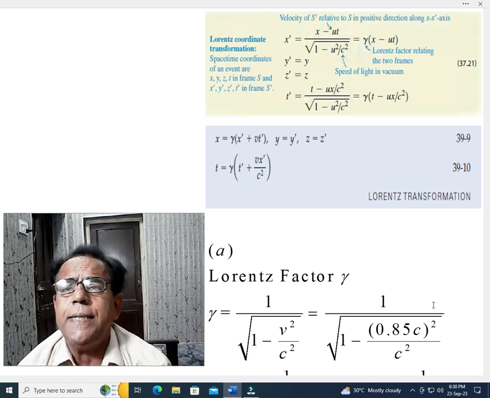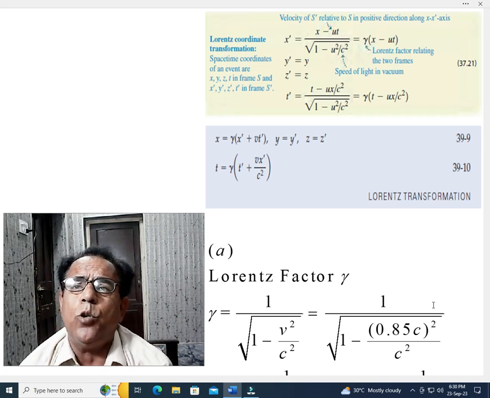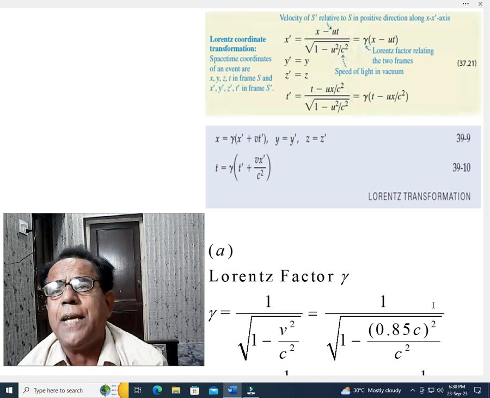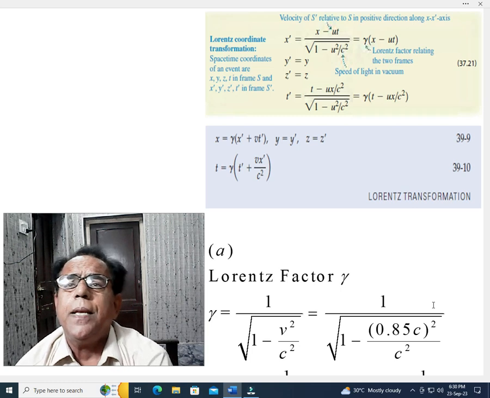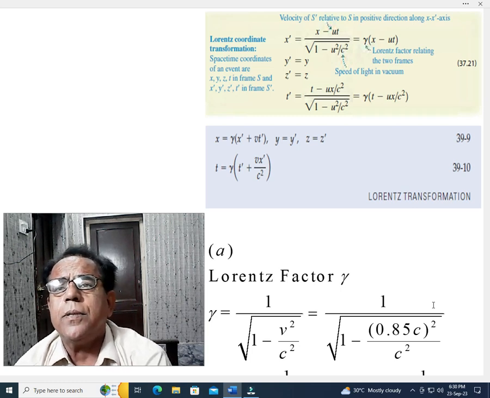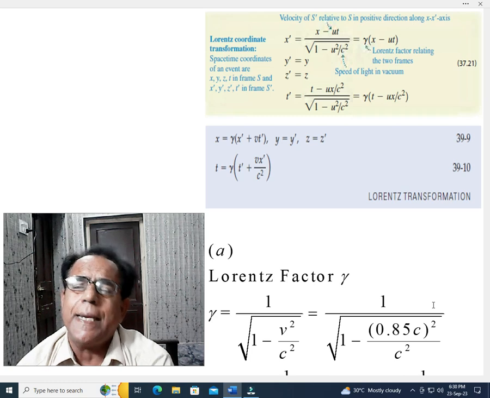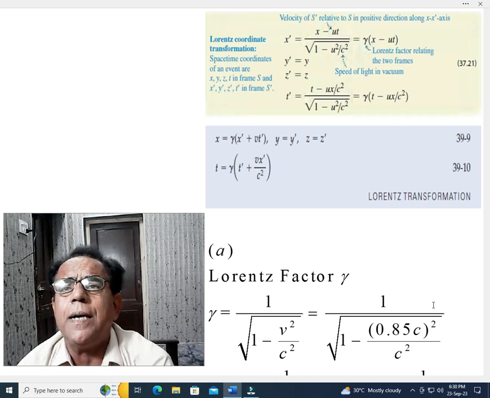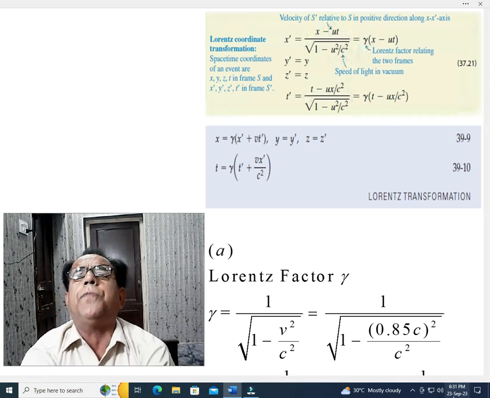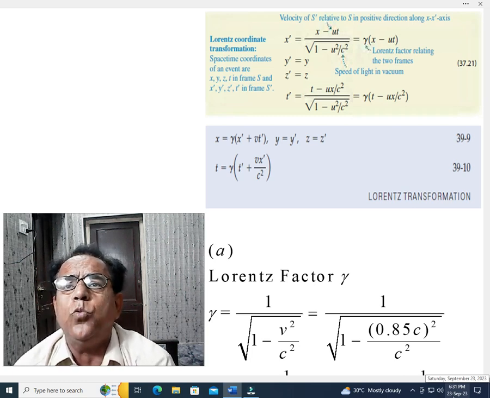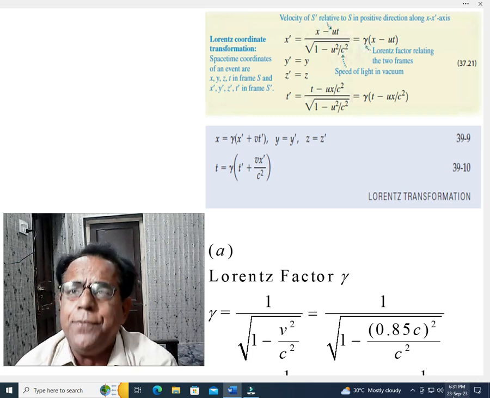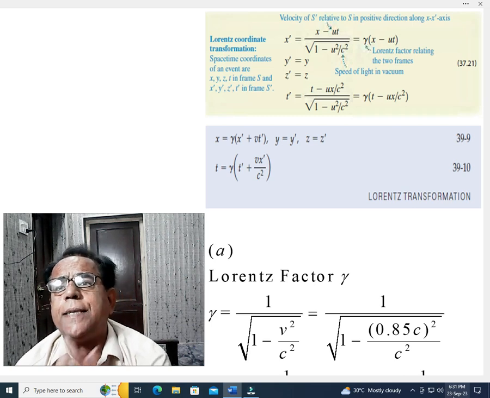This transformation is that the x coordinate of that point in the second inertial frame is defined as x dash equal to x minus ut over under root 1 minus u square over c square, where u is the velocity of S dash relative to S in positive direction along x dash axis.